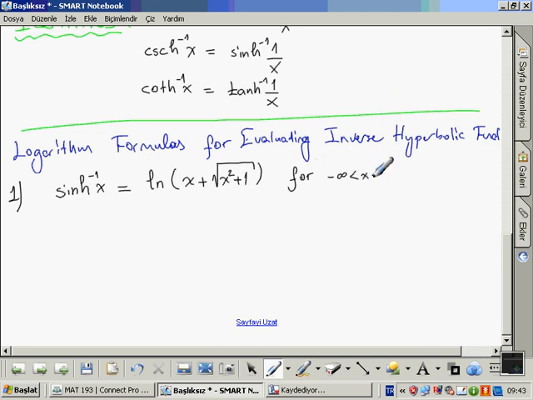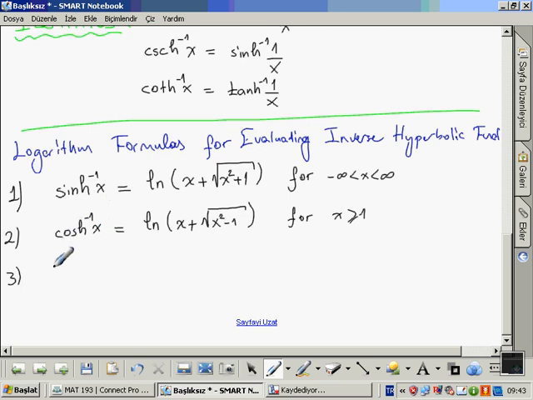And the second one, inverse cosh x equals ln of x plus the square root of x squared minus 1, and therefore x is larger than or equal to 1.